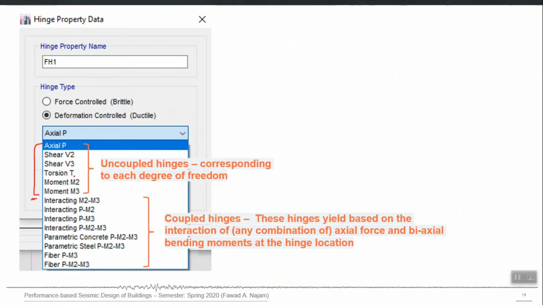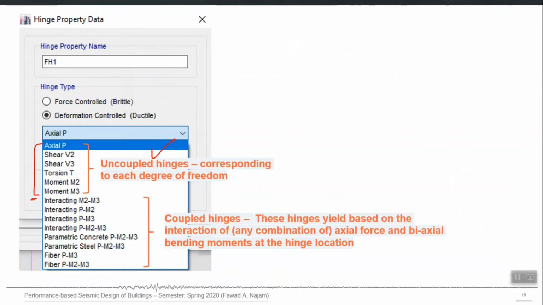slide. So the summary is that all of the 6 degrees of freedom can be controlled using action versus deformation behavior, non-linear behavior. But there are 2 types also. Uncoupled hinges, where each degree of freedom can be modified independent of the other degree of freedom.